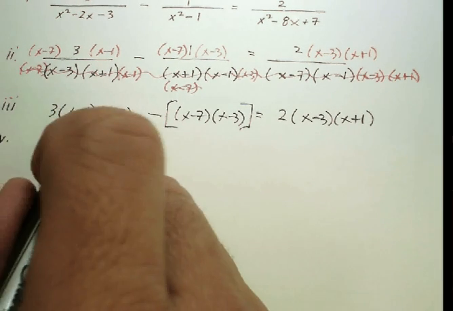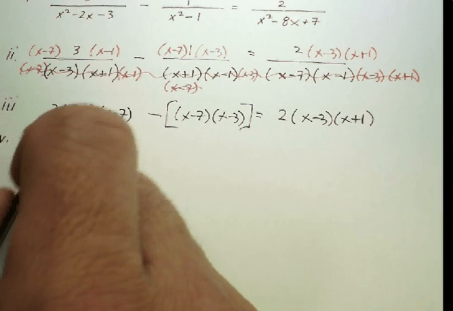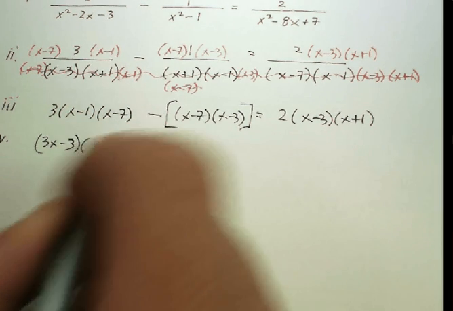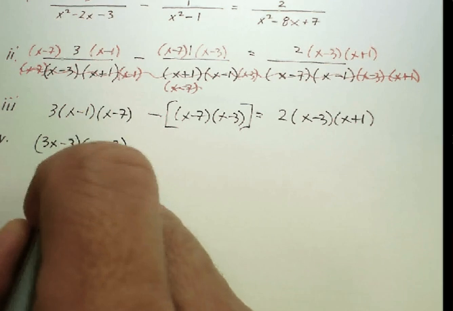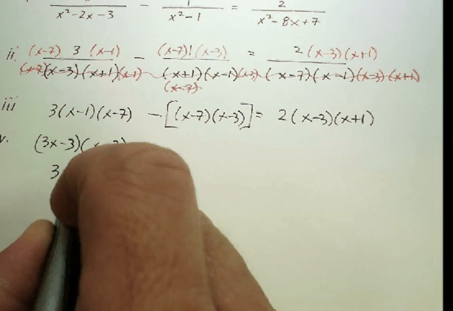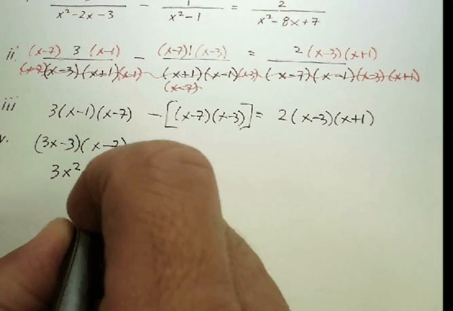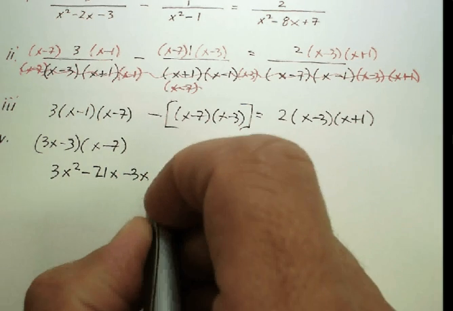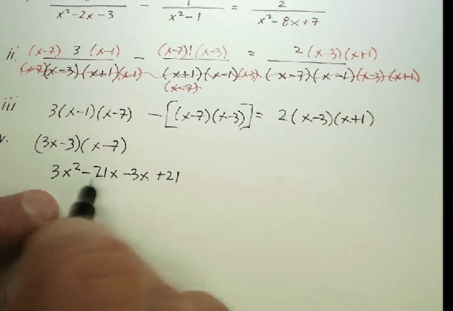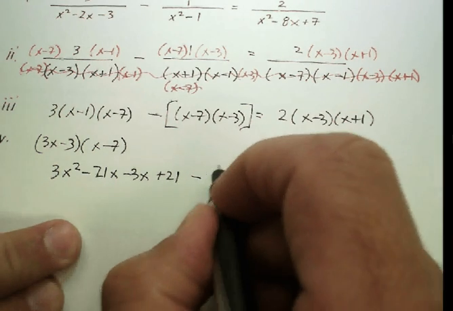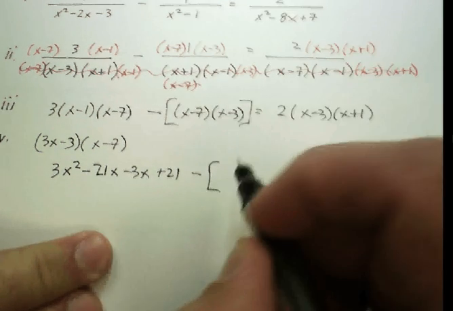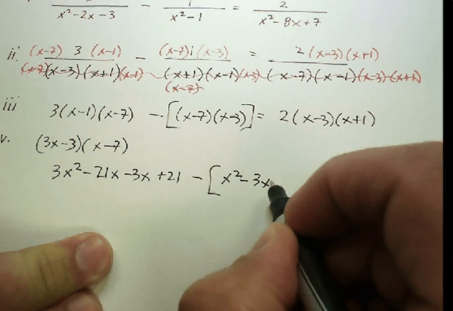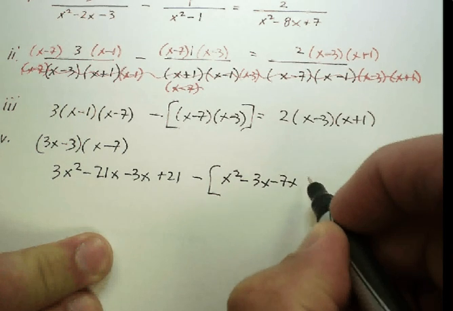So let me see. You do these one at a time. So that's going to be 3x minus 3 times x minus 7. That's going to be 3x squared minus 21x minus 3x plus 21. That's that foiled. And then minus, let me put this in a parentheses again, x squared minus 3x minus 7x plus 21.